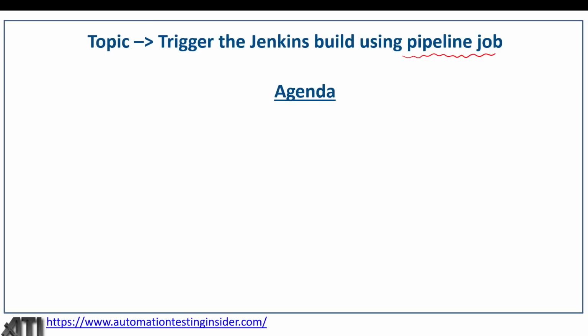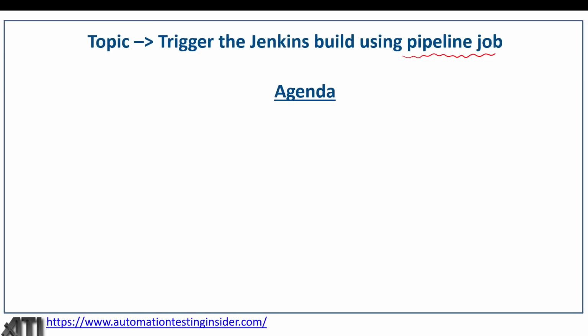So basically in earlier videos we have created the freestyle project. Now today we are going to create a pipeline job, which is more realistic, and in real world projects we use pipeline job only. So what is the difference between freestyle project and pipeline job? The main difference is that it is more flexible, guys.